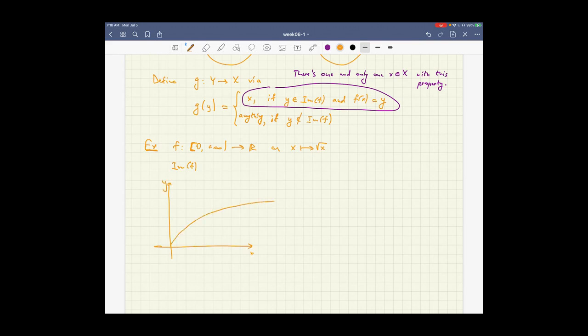The image of f in this case is clearly the set of all non-negative real numbers, which is not the entire set of real numbers. Right? It's strictly less than R. It's a proper subset. So I claim we will be able to find more than one inverse function g in this case.